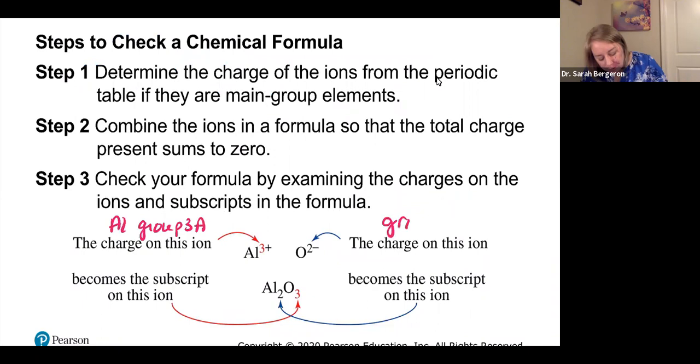Oxygen is in group 6A, so you know that it's going to have a charge of -2. So all they did was take the charge on the aluminum and put it as the subscript for oxygen, take the charge on oxygen, put it as the subscript for aluminum, right?